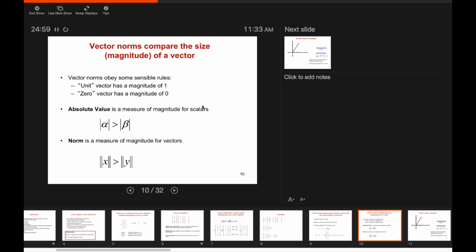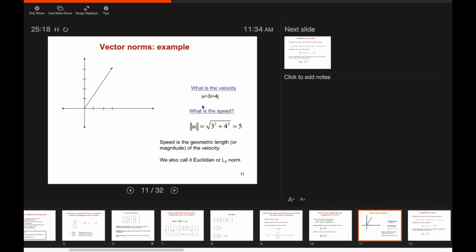Now, what do I do if I have a large collection of numbers? Then I take absolute values of every element and figure out different ways how I could digest them into one number. You have seen that already in Euclidean distances.